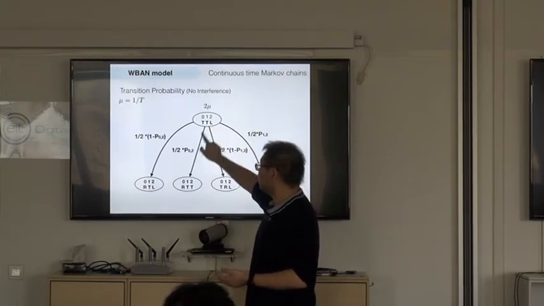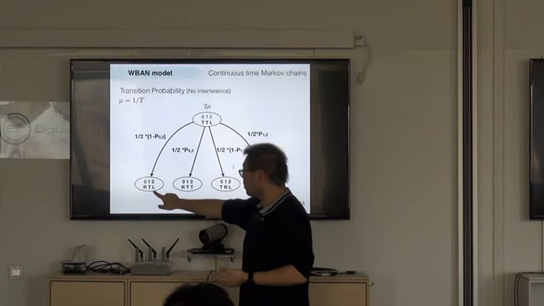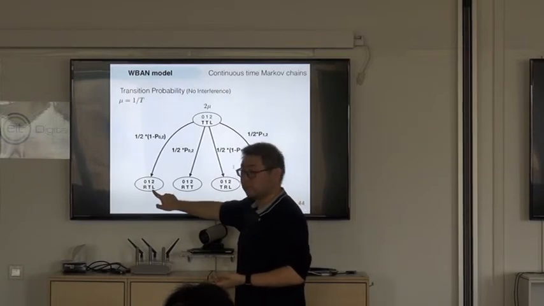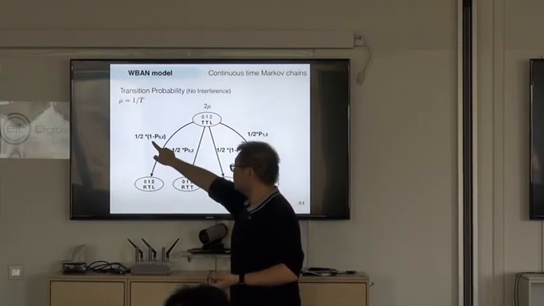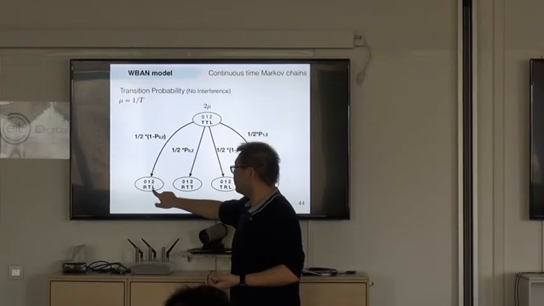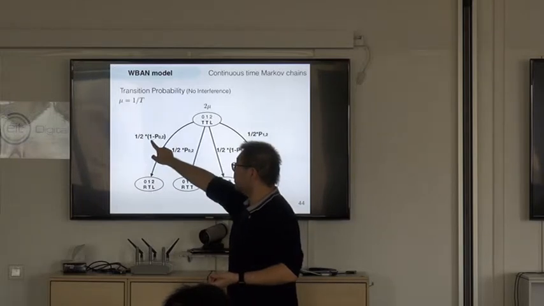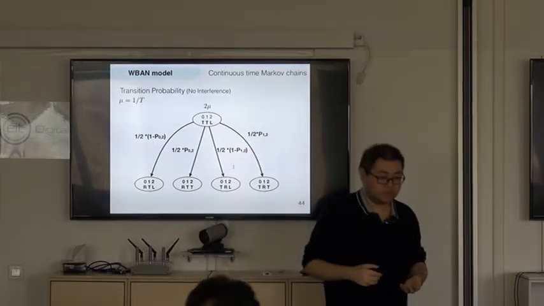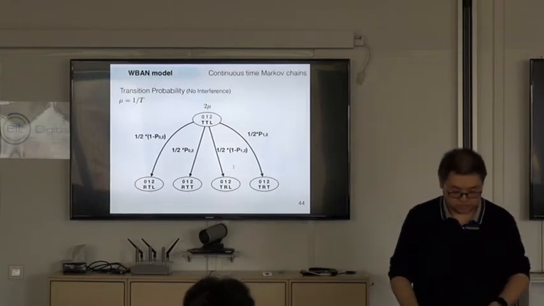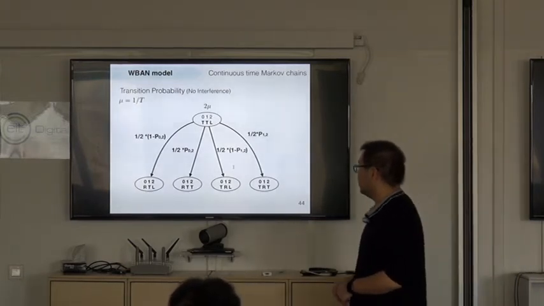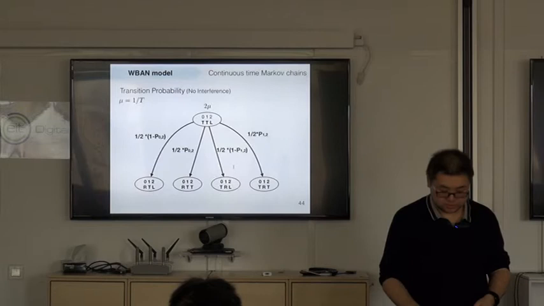And then we look into the L state. This state could change to T, or it will stay in L. So in this state, now node 2 stays in state L, then the probability is 1 minus the probability that it can receive the message successfully. So also with the others, we can get these probabilities.